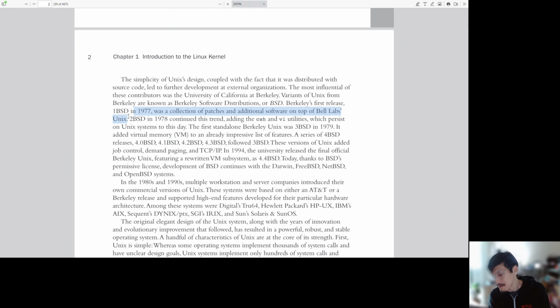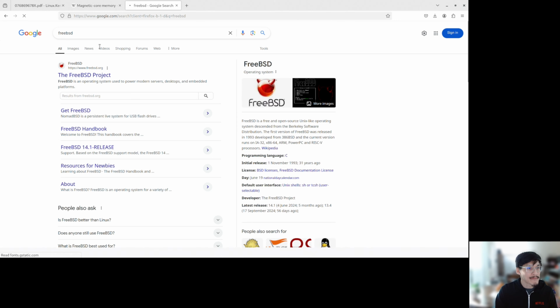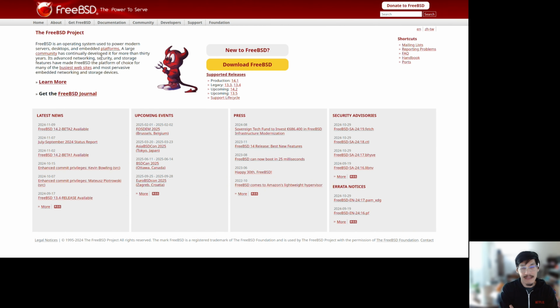It's important to understand that BSD is legit Unix. So there's FreeBSD, a derivative, some sort of distro of BSD, and it's really close to Unix, even more so than Linux, because Linux is just kind of a clone.